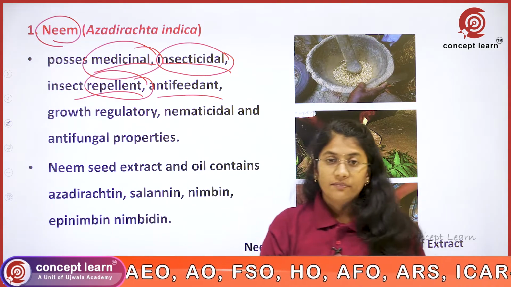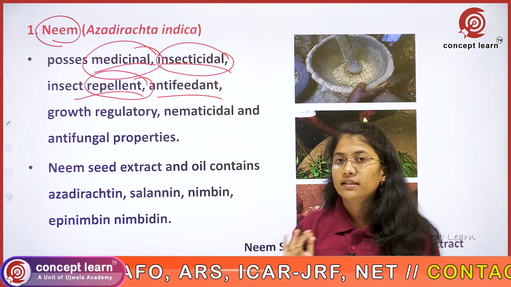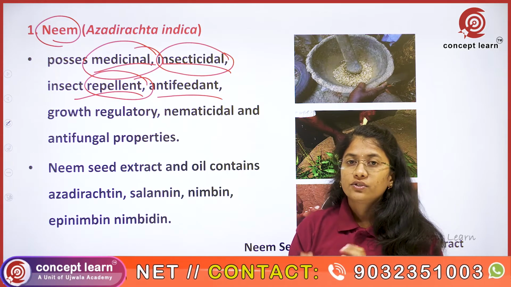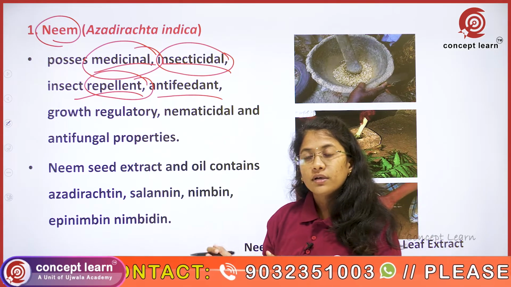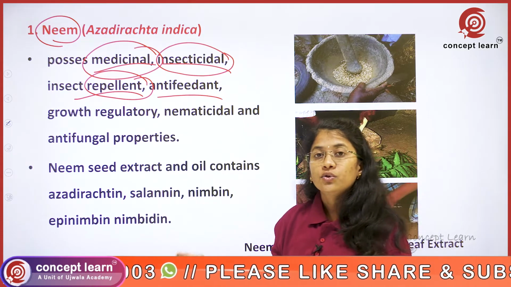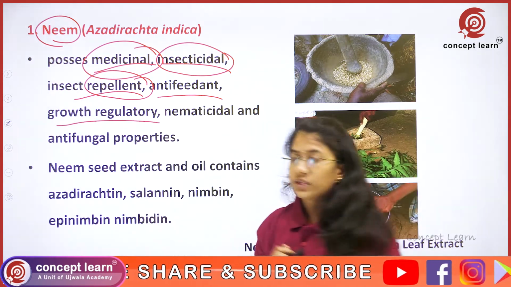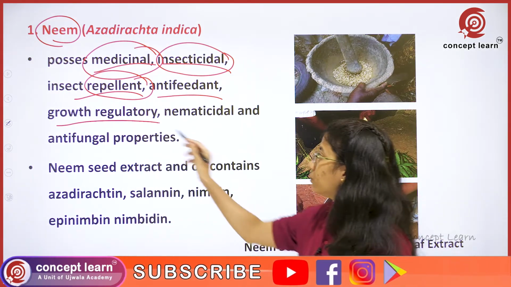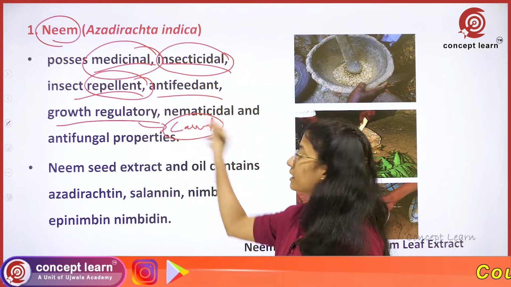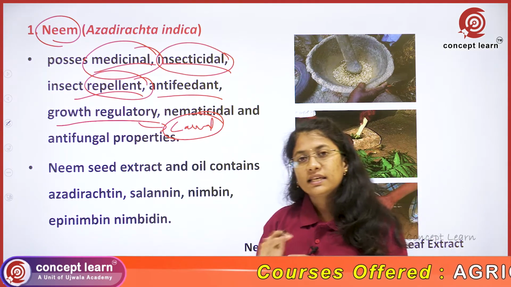And antifeedant: the neem products will not kill the insect directly, but they make the insect not feed. As the insect won't be able to feed on that food material, it dies in due course of time due to feeding depression. And growth regulator: if the insect is in the larval stage, then due to these compounds of the neem, it will stay in that stage only.